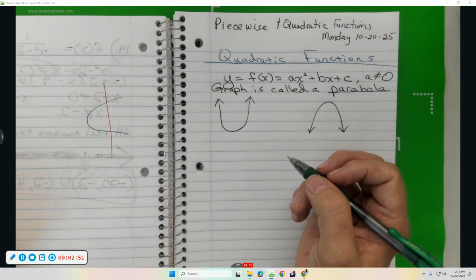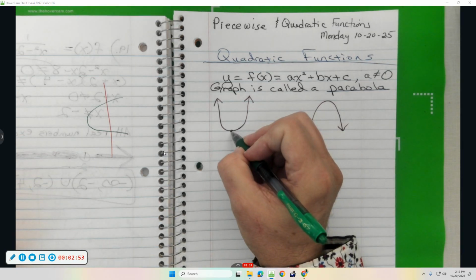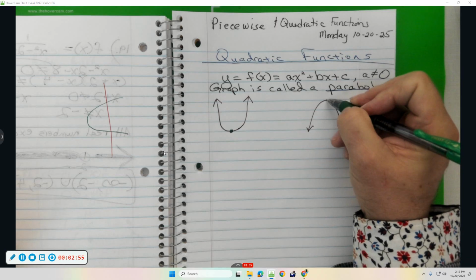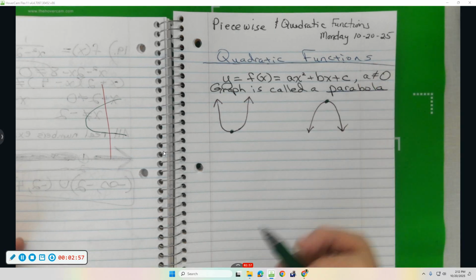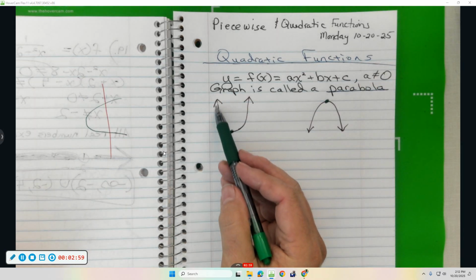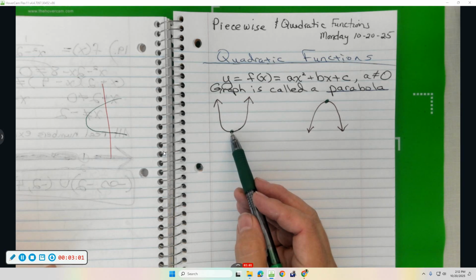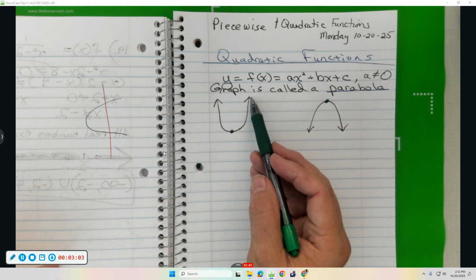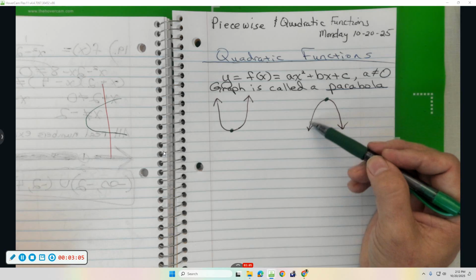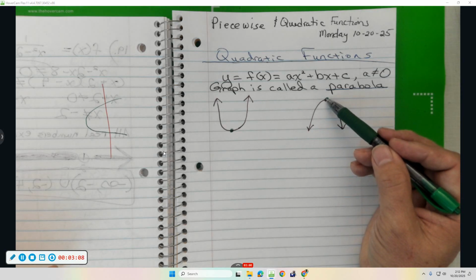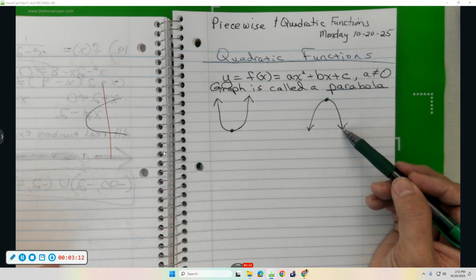Whether the parabola is opening upward or downward, there has to be a point at which the directions change. Here, this parabola is falling, it reaches a low point, and then it starts to rise again. This one is rising from left to right, and then you reach that point and it starts to fall from left to right.